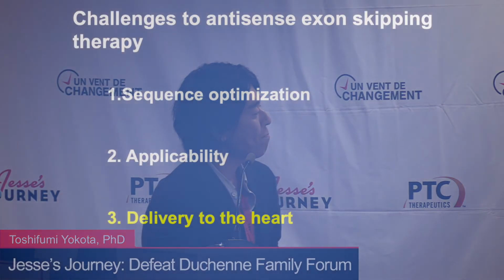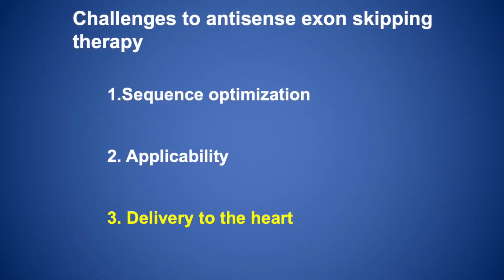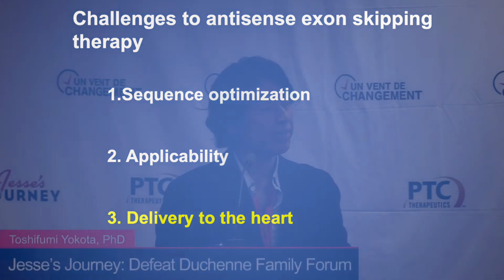Okay, so we are also working on peptide-conjugated antisense oligos to deliver the treatment to the heart. So one of the biggest problems in the heart, in exon skipping, is that morpholinos don't lead to exon skipping in the heart, almost no effect in the heart. So we collaborated with Sarepta Therapeutics.